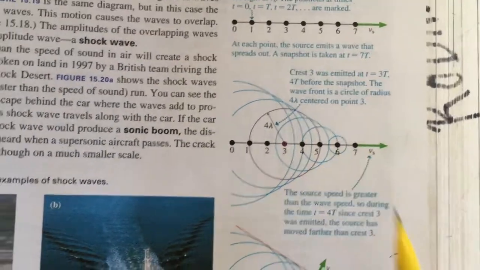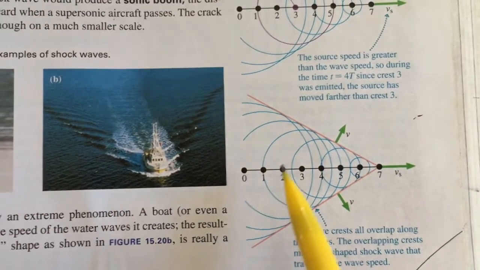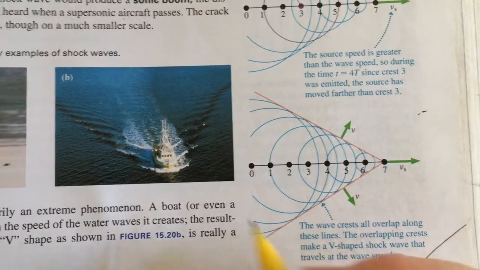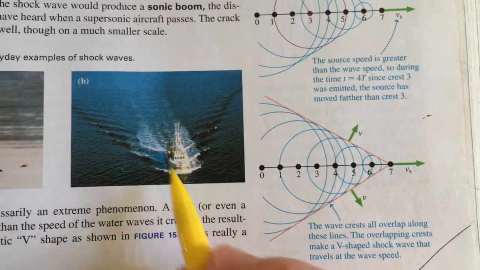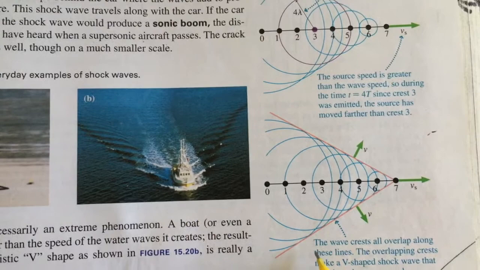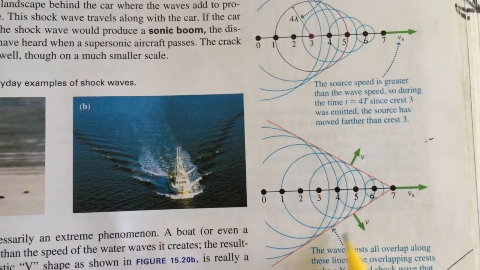Because this object is moving so fast, and you get something like this. And you can see this with the boat, right? As the boat moves faster than the waves are moving through the water, you get this V shape that comes out, and you see the same thing here.